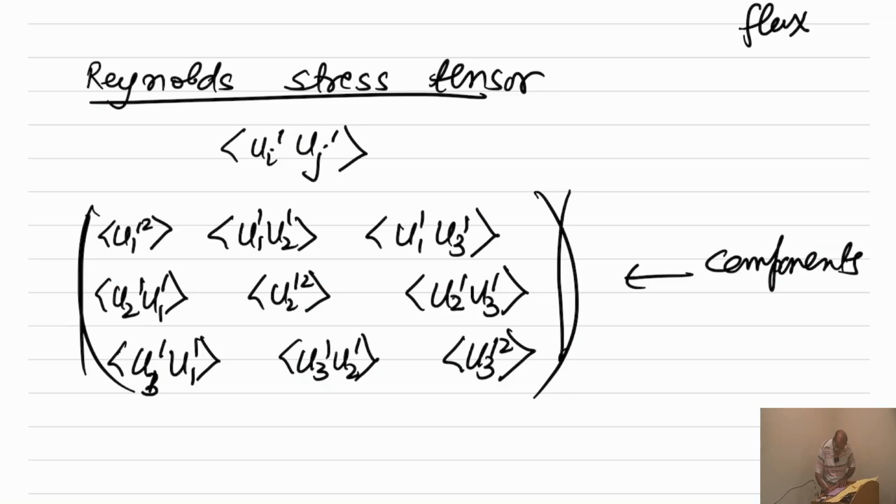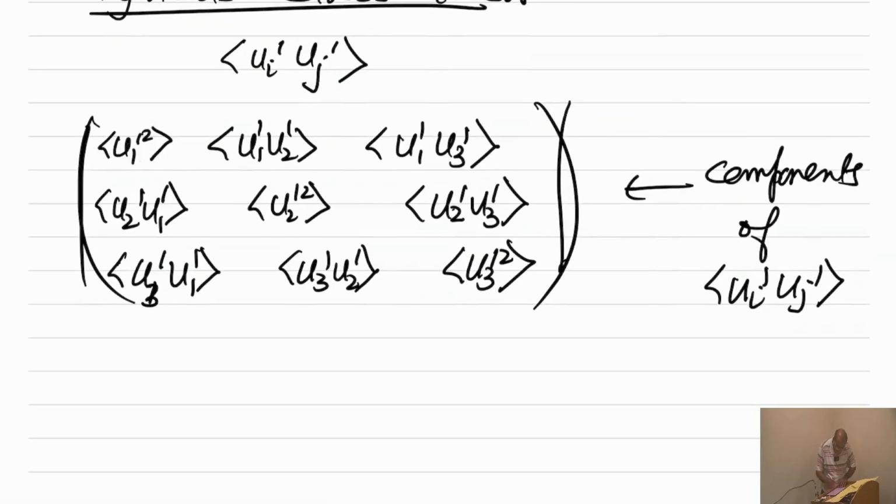I wrote it like a determinant, but these are the components of ui prime uj prime, and let's say this is equal to tau ij. Now let's try to identify the properties of tau ij.